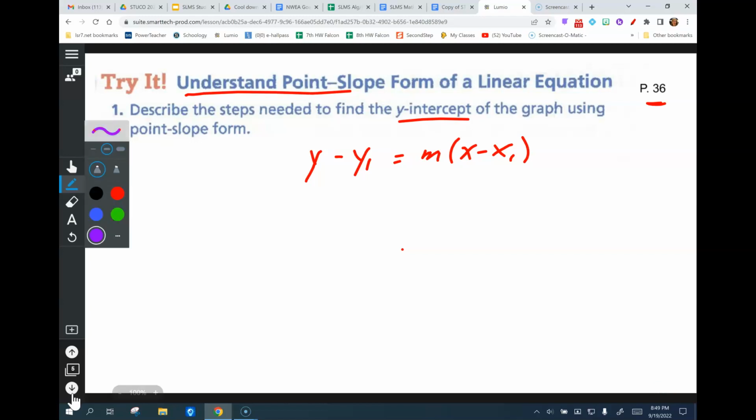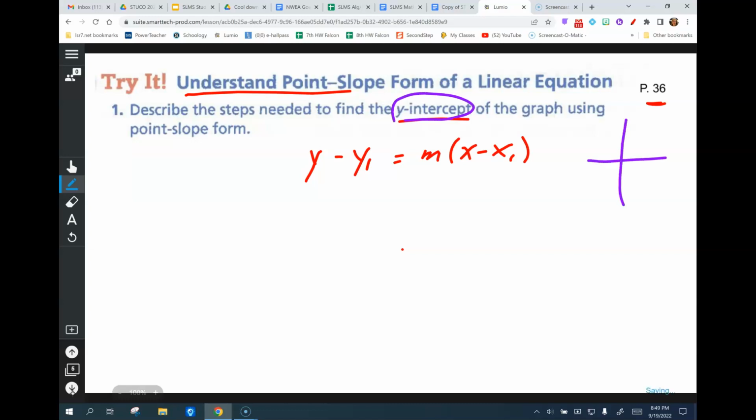So now what we have to realize is it's saying y-intercept. What do I know about the y-intercept? Remember the y-intercept? It's where the graph crosses the y-axis. So right here, my graph is crossing the y-axis. And notice my ordered pair right there is going to be 0 for x and whatever the y value is.